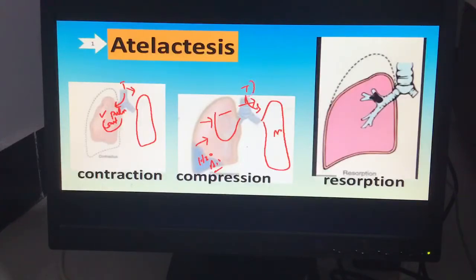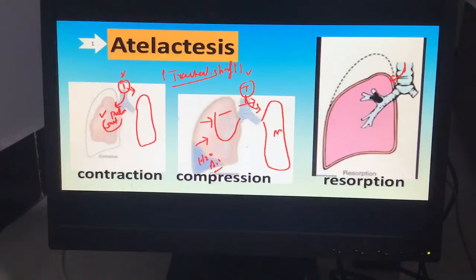So in these two collapses, we can see the deviation of the trachea, and here the deviation is not much significant. Deviation is not much in the obstruction category. So we must be able to differentiate these two collapses and what happens with the trachea. You must know the tracheal shift. In resorption collapse, the trachea can deviate toward the affected lung.